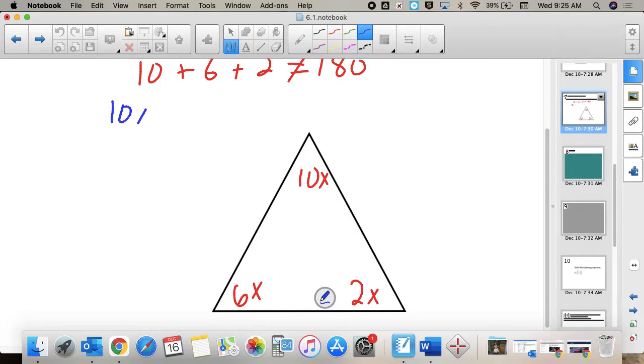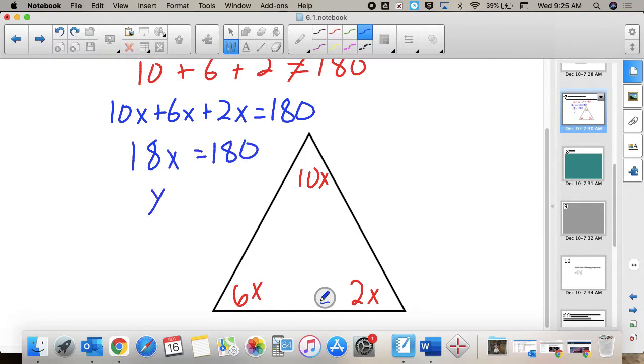So 10x plus 6x plus 2x is what has to equal 180. Combine your like terms. We get 18x equals 180. So divide, and our multiplier will be 10. So the three angle measurements will be 100 degrees, 60 degrees, and 20 degrees.